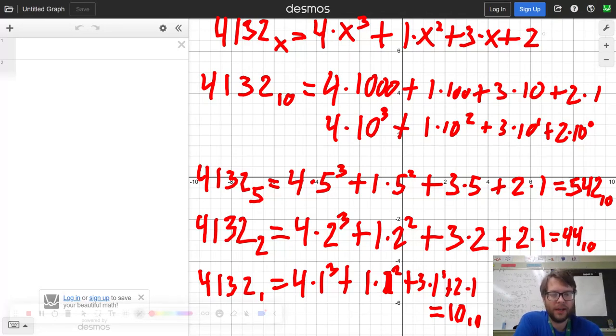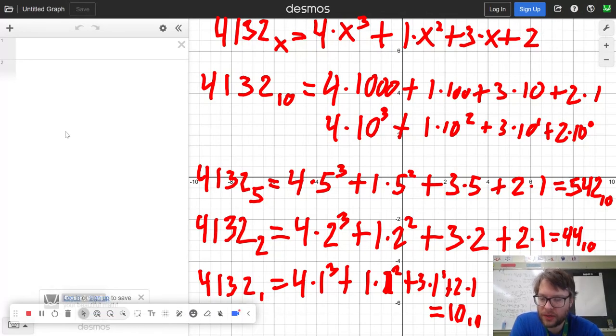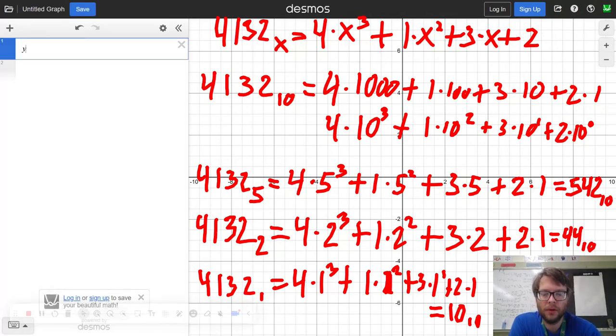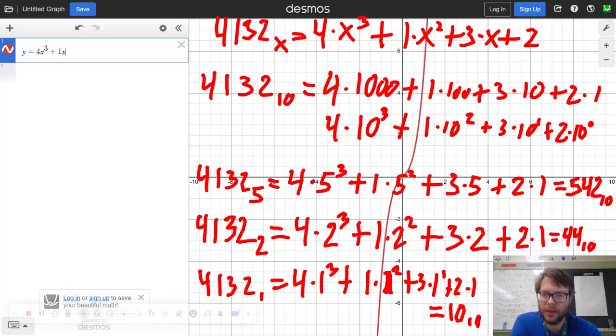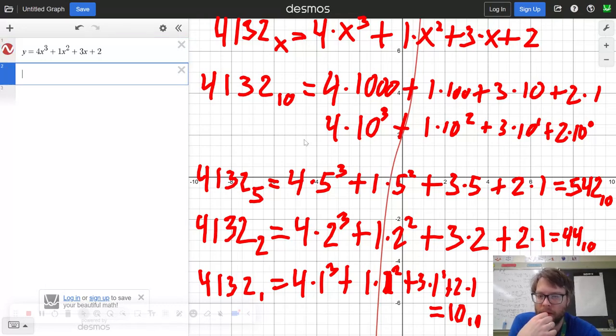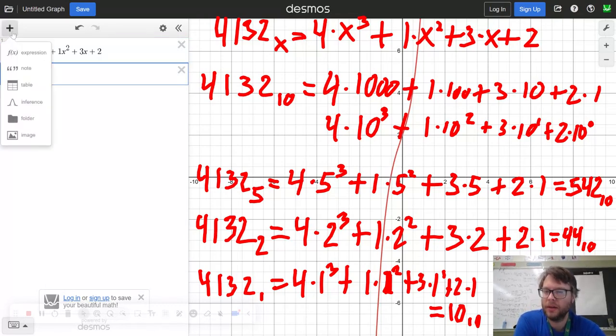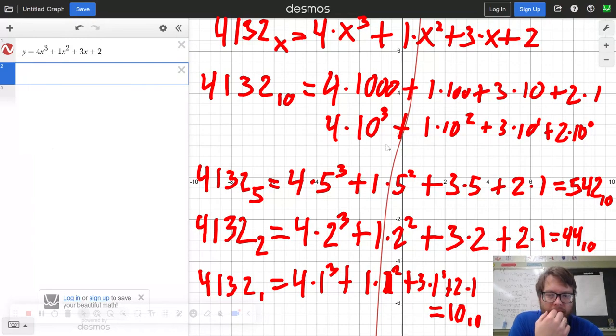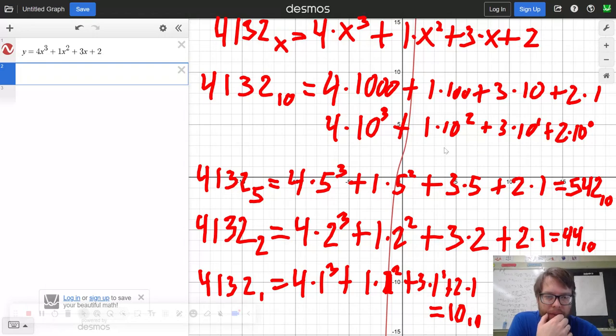So when I write it out like that, what I want you to see is, let's draw the graph. Y equals 4x to the third plus 1x squared plus 3x plus 2. And what I hope you guys can see here, let's find some points.